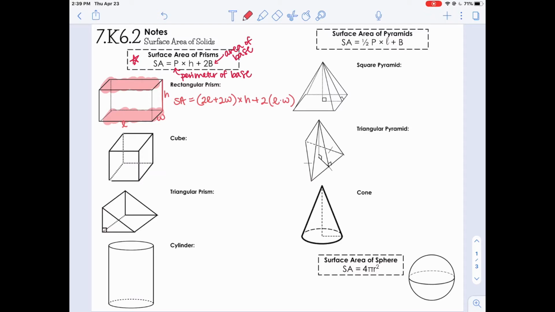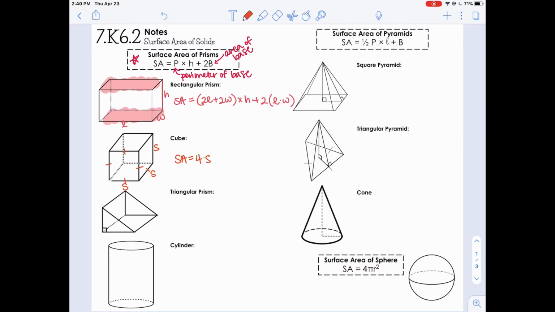Okay, let's take a look at a cube next. A cube has 4 sides that are all the same. I'm going to call that S for side. Remember that the height is also the same size as the base sides. So we actually have 3 dimensions that are all the same. For surface area, we are going to take 4 times the side because that's our perimeter.